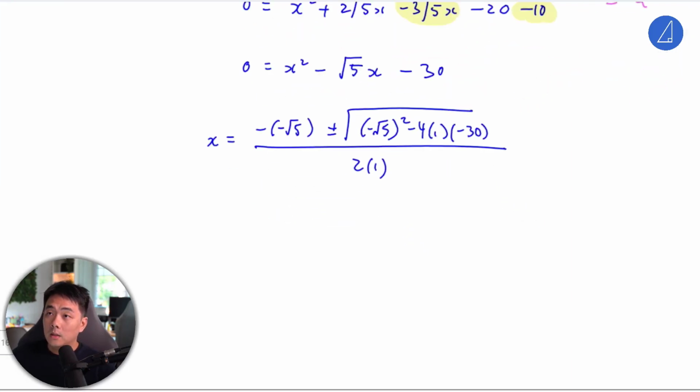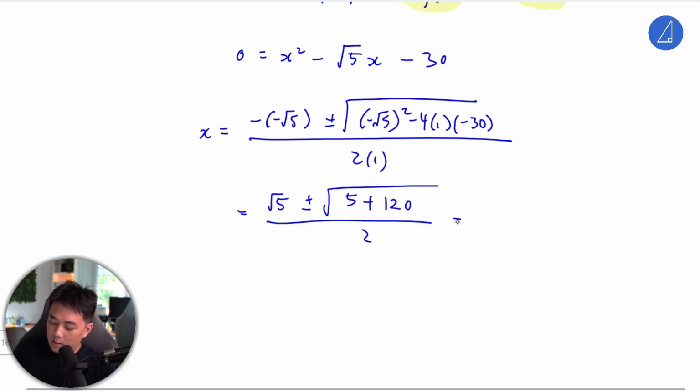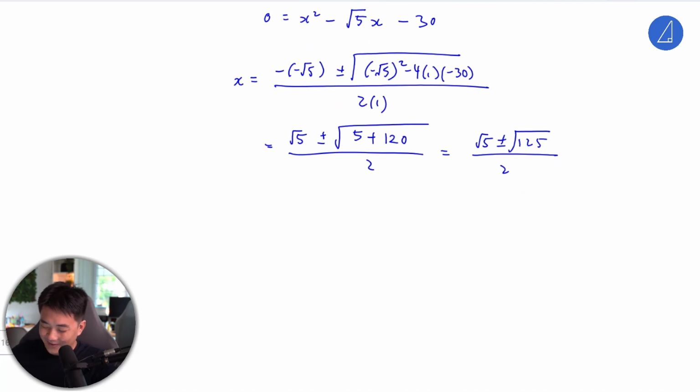In this case here, we get root 5 plus minus square root of 5 minus 4 multiplied by 3, that will be plus 120. So it's 125. So root 5 plus minus square root of 125. I think square root of 125 is 25, is it? Oh, sorry, it's not. It's not 25. Square root of 625 is 25.